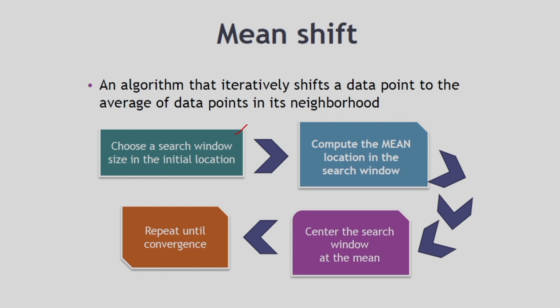After this we have to compute the mean location in the search window. After this we center the search window at the mean. That means we reposition the search window at the new mean, and we repeat this until we get the condition of convergence. So this is the concept of the mean shift algorithm. Pictorially, I can explain this concept in my next slide.